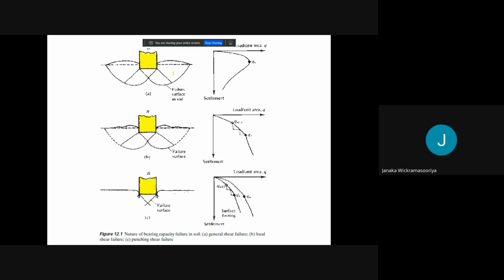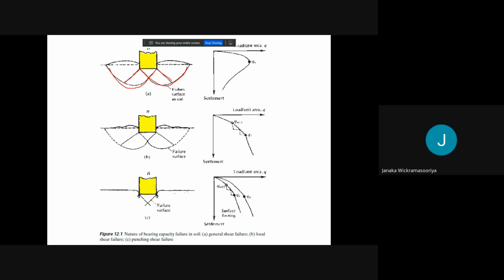As you can see here, the failure surface of the soil might be this way, or this way, or this way.